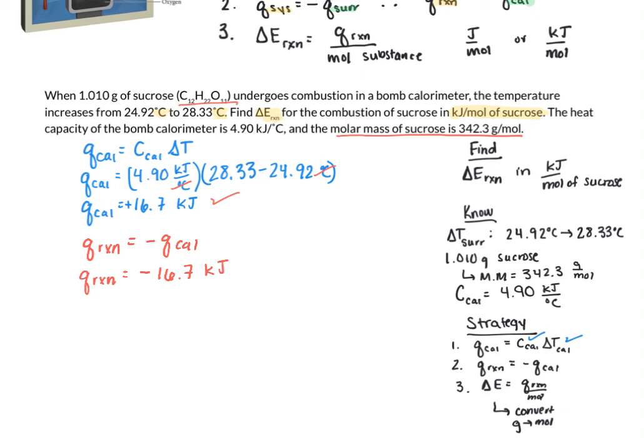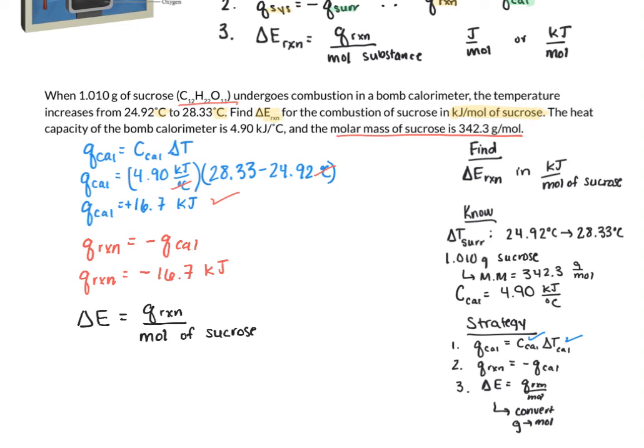And finally, for step three, delta E equals Q of the reaction divided by moles of sucrose.